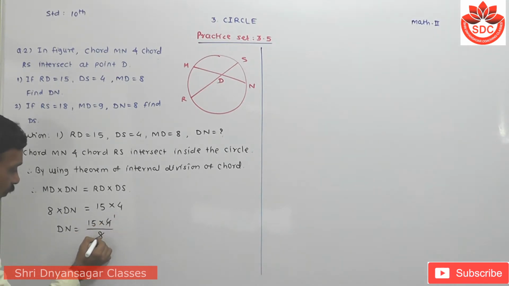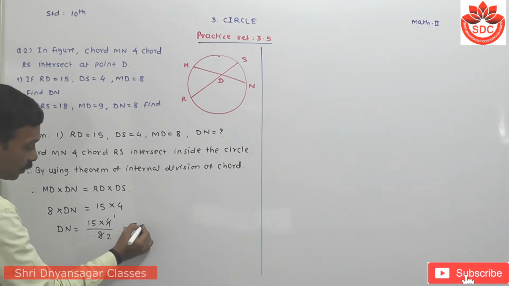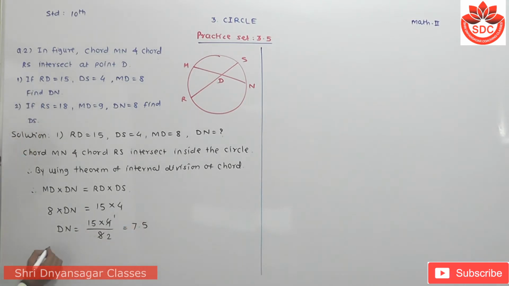Simplifying, DN is equal to 7.5. Therefore, the answer in a full sentence: the value of DN is 7.5 units.